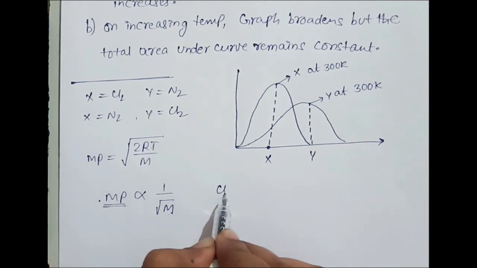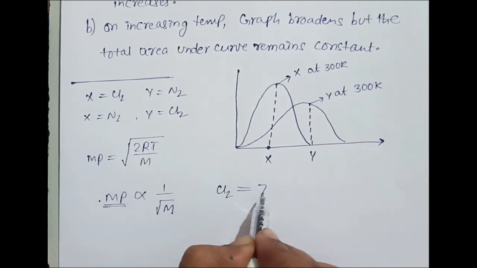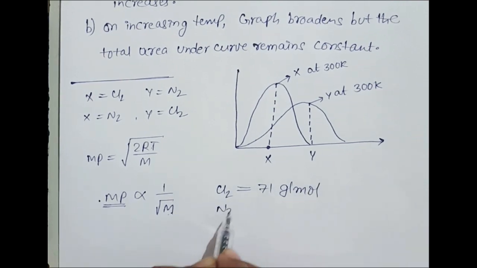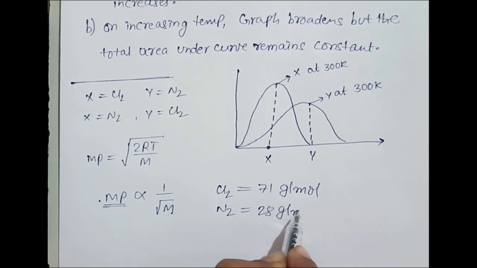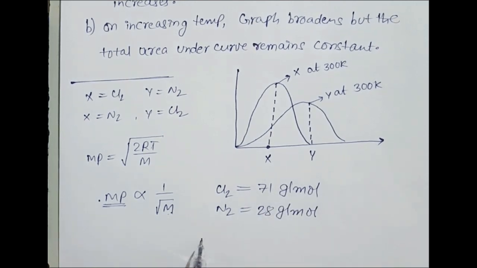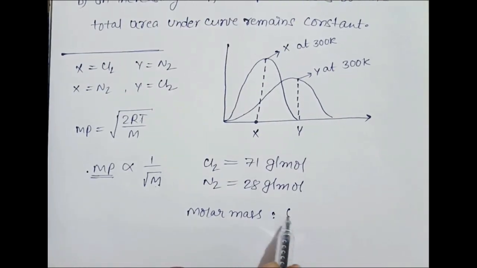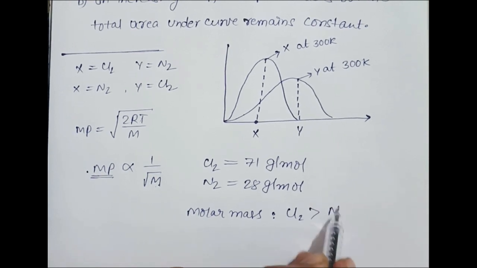Got it? Now you take chlorine. What is its molar mass? 71 gram per mole. And N2, what is its molar mass? It's 28 gram per mole. So which one has more molar mass? The molar mass of Cl2 is more than N2.